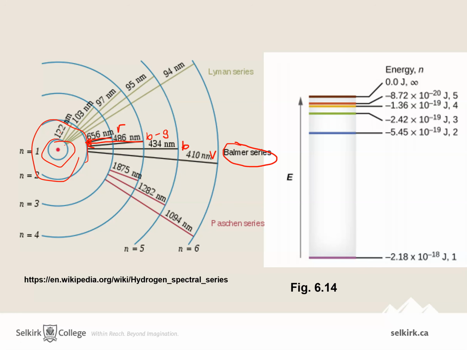Well, it turns out it does. Not only does this model explain the known data, it helps people go look for more data. When it hops down to the first energy level, let's go over to this energy level diagram on the right. The Balmer series only drops to the second energy level.